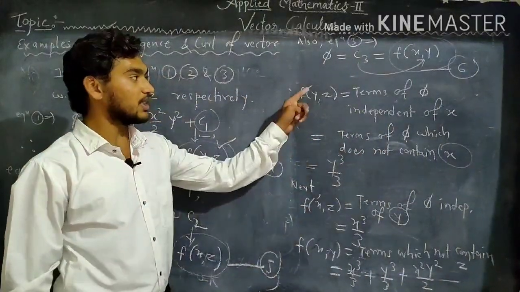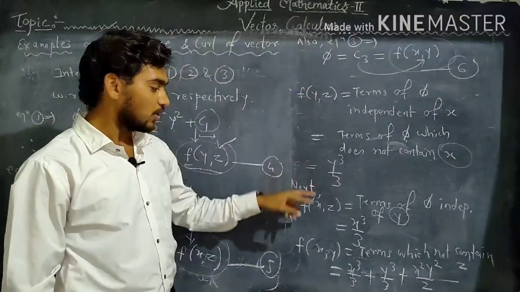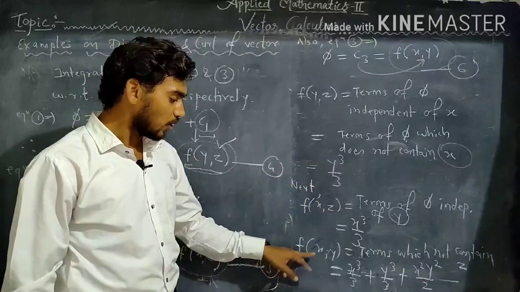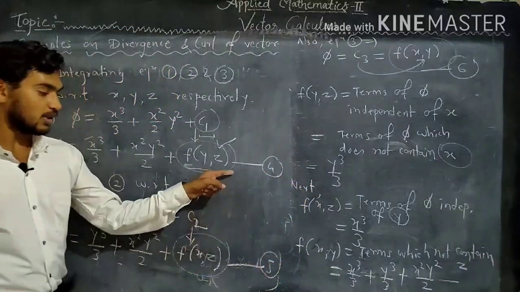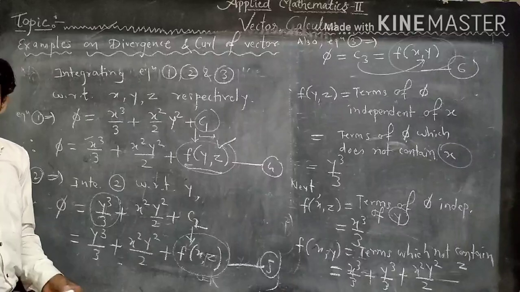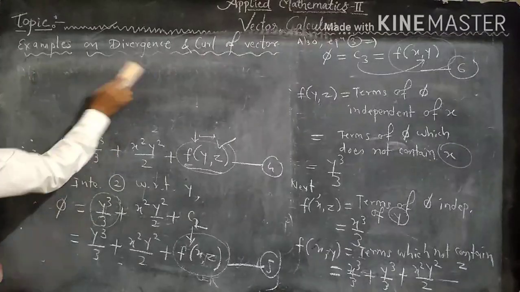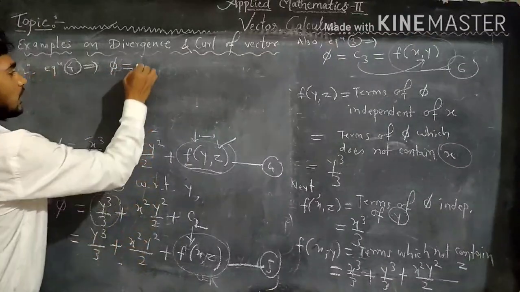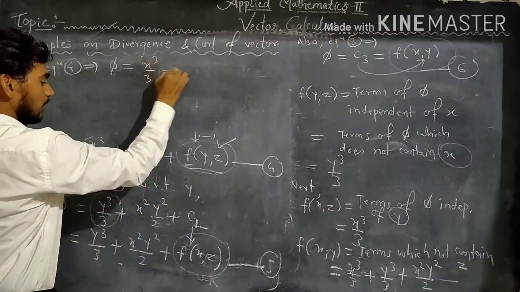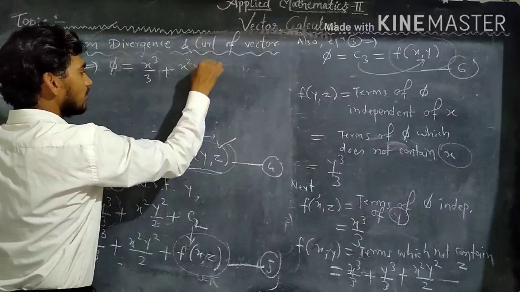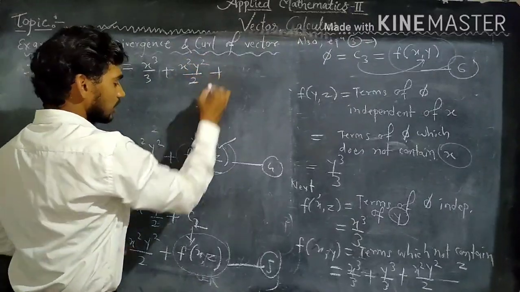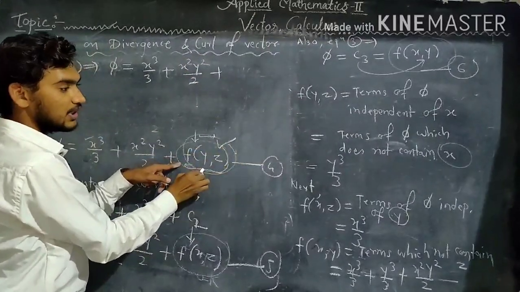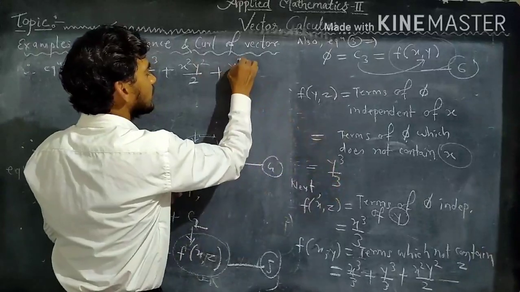Now putting these constants f of yz, f of xz or f of xy in equations 4, 5, 6, we will get phi equal to x cube by 3 plus x square y square by 2 plus the value of f of yz, which is y cube by 3.